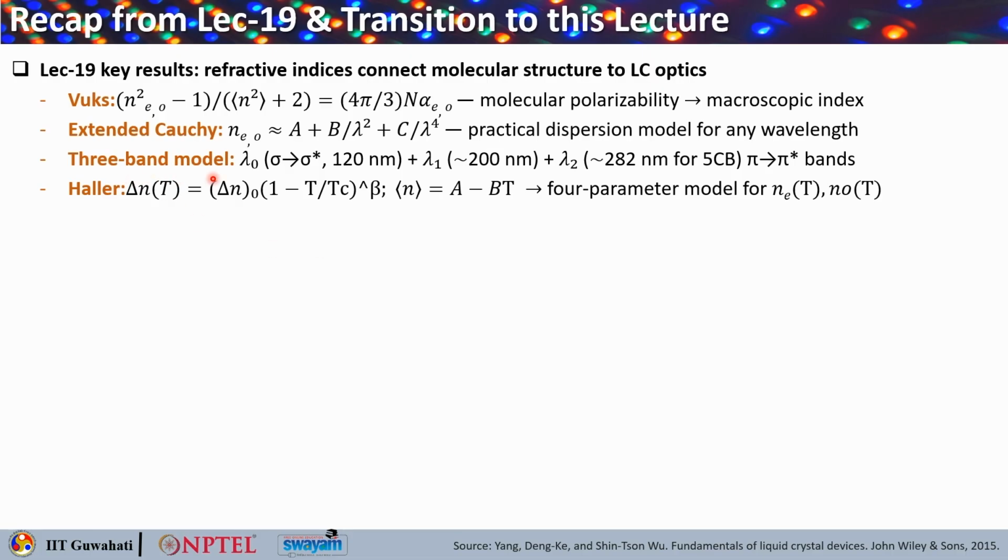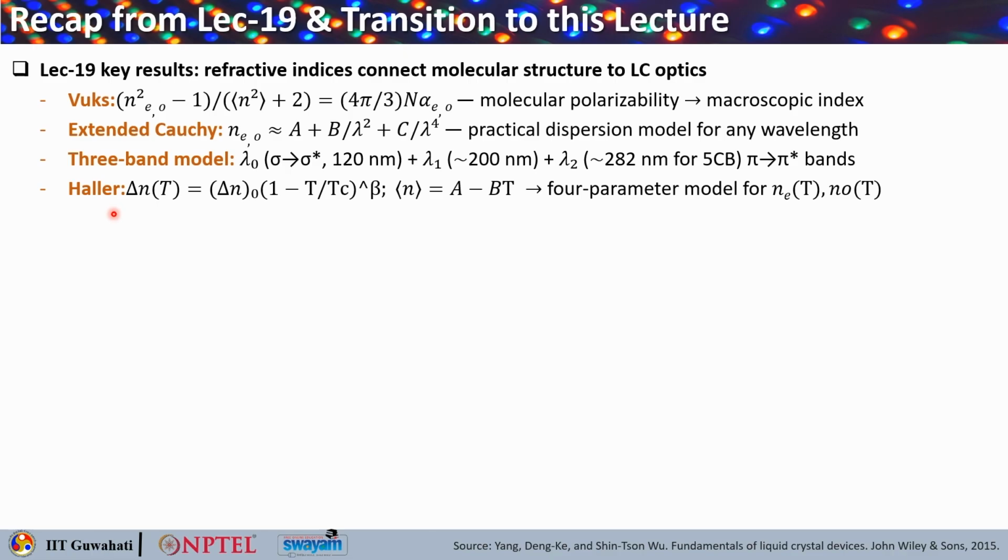Then there was the 3-band model, with lambda naught where the sigma to sigma star transition happens at 120 nanometer, lambda 1 around 200 nanometer, and lambda 2 around 282 nanometer for 5CB, basically for the pi to pi star band transition.